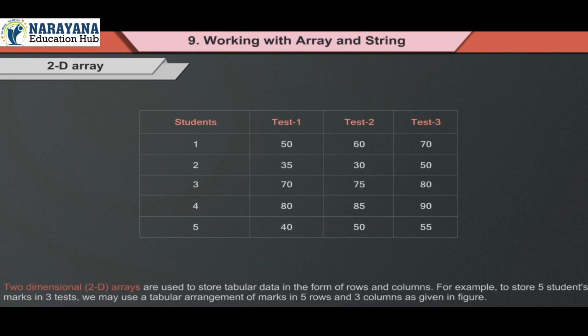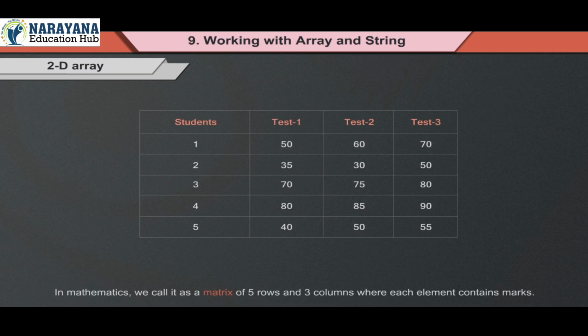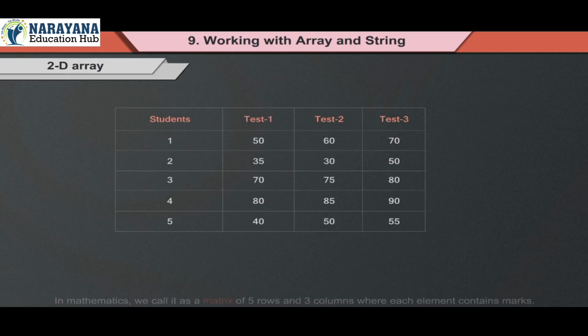2D array. Two-dimensional, that is 2D, arrays are used to store tabular data in the form of rows and columns. For example, to store 5 students' marks in 3 tests, we may use a tabular arrangement of marks in 5 rows and 3 columns as given in the figure. In mathematics, we call it a matrix of 5 rows and 3 columns, where each element contains marks.